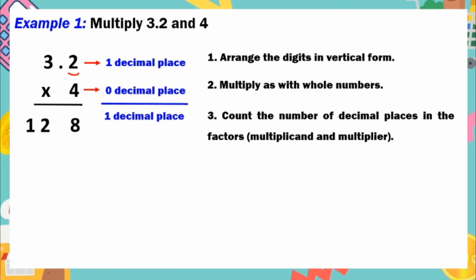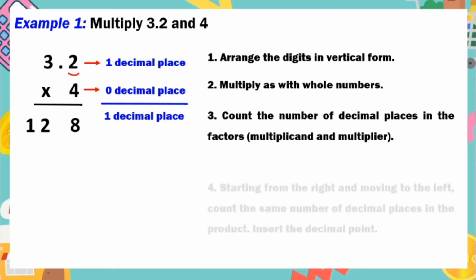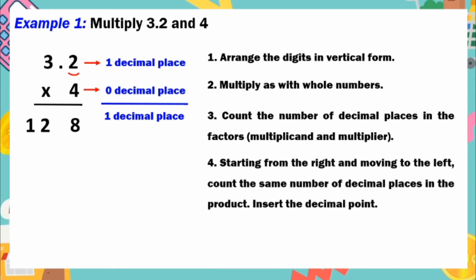So meron tayong 1 decimal place. Step 4. Starting from the right and moving to the left, count the same number of decimal places in the product. Insert the decimal point. So we have 12 and 8/10. Our final answer is 12 and 8/10.